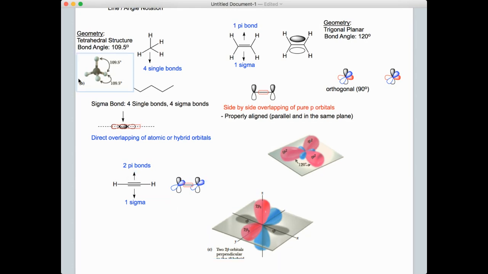So for these molecules, the geometry, because you have only two sigma bonds around each carbon, will obviously be linear, and the bond angle will be 180 degrees.